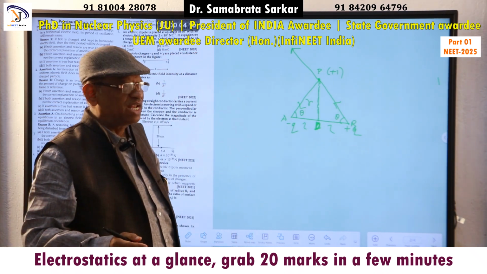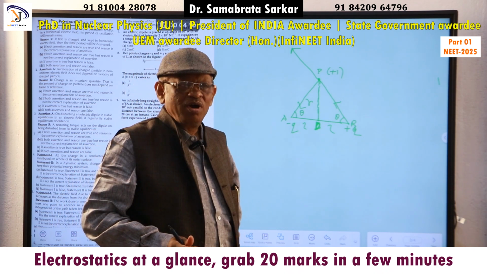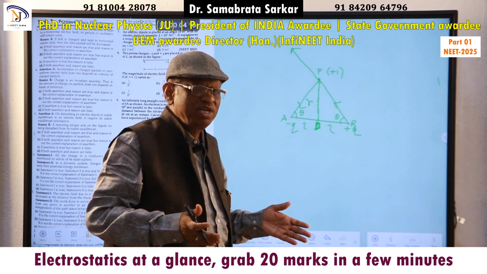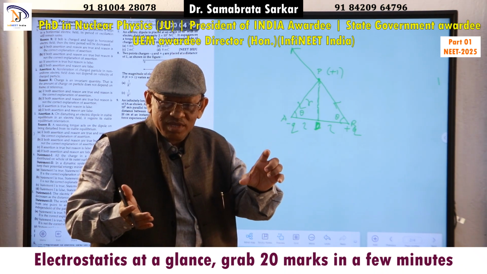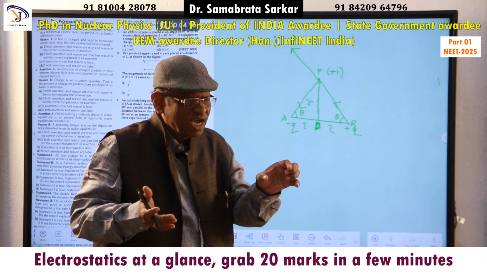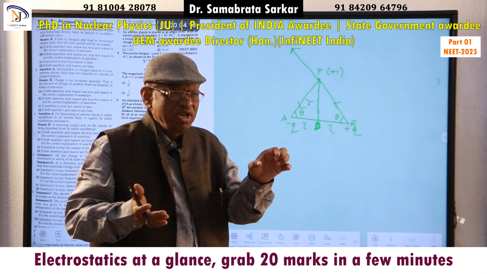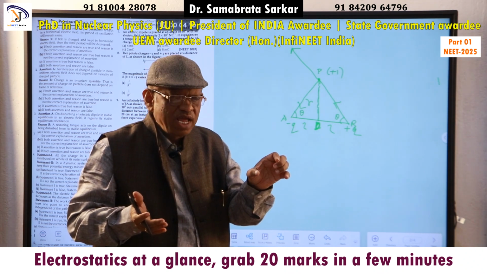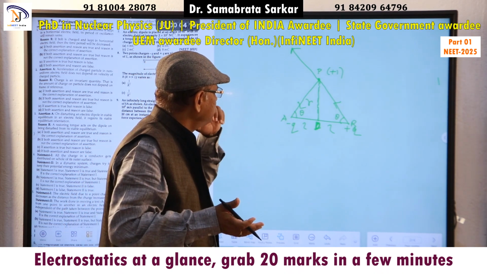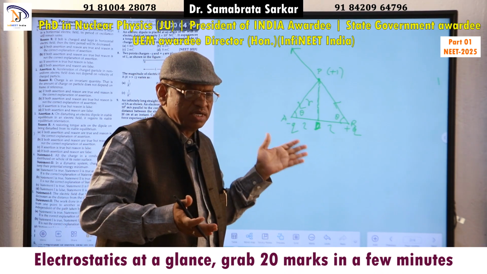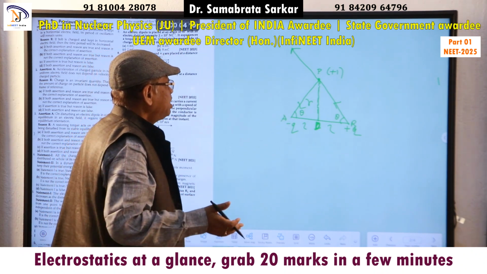Mostly people think there is no need to know the derivation. Why should I know the derivation? Because it will not come directly, but they will give you certain diagrams, and if you do not have any idea regarding the derivation, how I have derived, how I have developed the relation, you won't be able to answer. What is the relation?